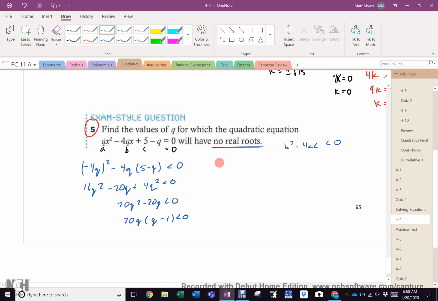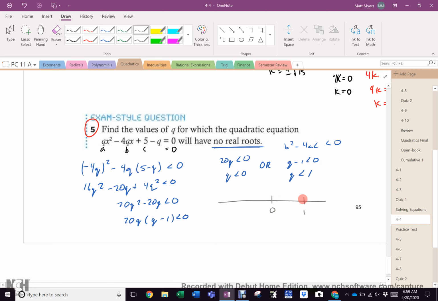So now 20q. Now this is where it gets a little tricky here, right? So either 20q has to be less than 0, so q has to be less than 0, or q minus 1 has to be less than 0. q has to be less than 1. Now, when you put that on a number line, 0 and 1, 0 is less than 1, so it's already covered.